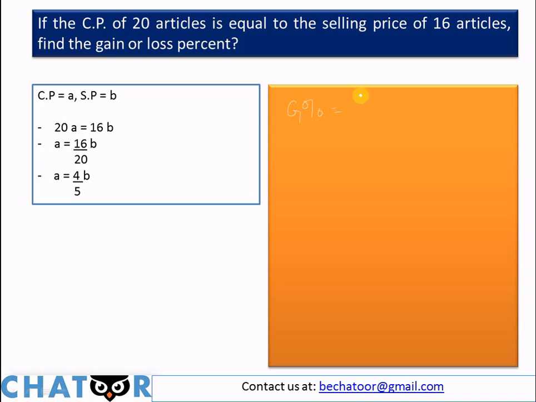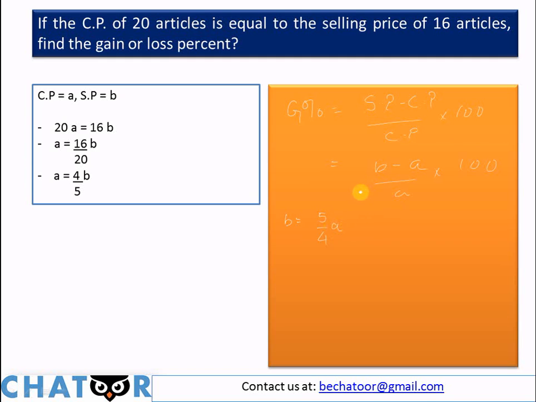So it is going to be gain percent, which is SP minus CP upon CP into 100, which in short means B minus A upon A into 100. So if I were to take B in terms of A, then B would be equal to 5 by 4A.